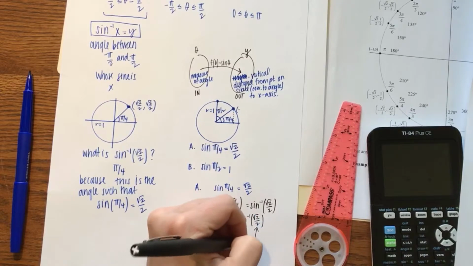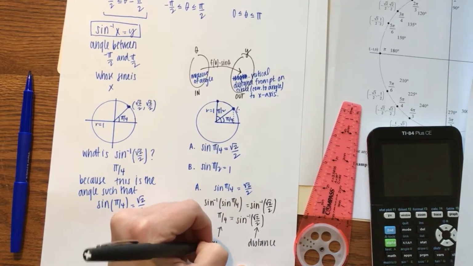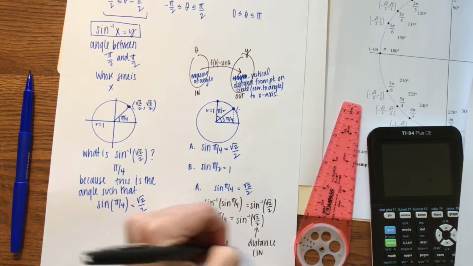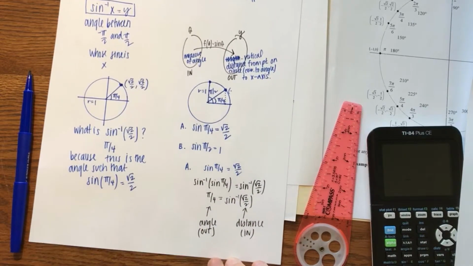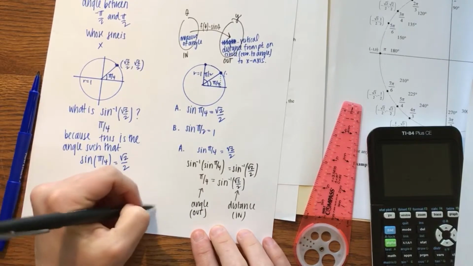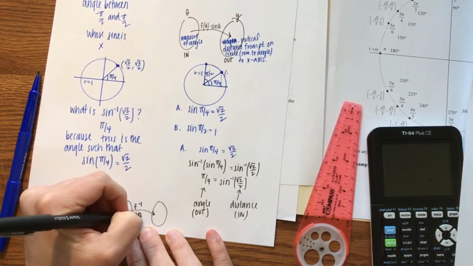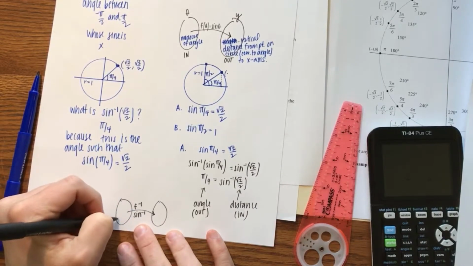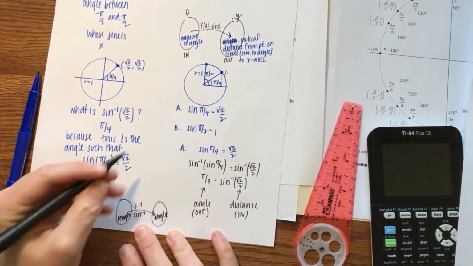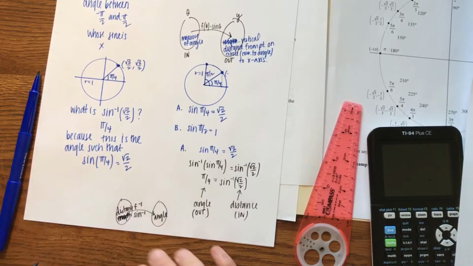Notice, the input is a distance, my output is an angle. We reverse the process of sine. So when we think about reversing the process of sine, sine inverse, our input is a length, our output is an angle. I'm going to rephrase this as distance, because it can be negative.